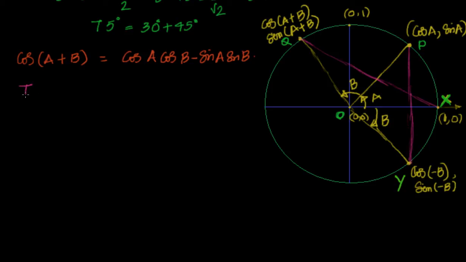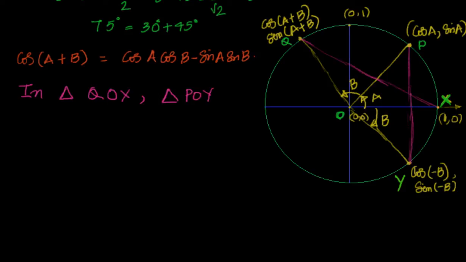In triangles, first triangle is QOX, which is making angle of A plus B and both radii are equal to 1. Another triangle is POY. You can check actually.